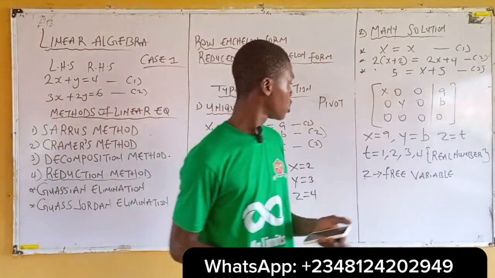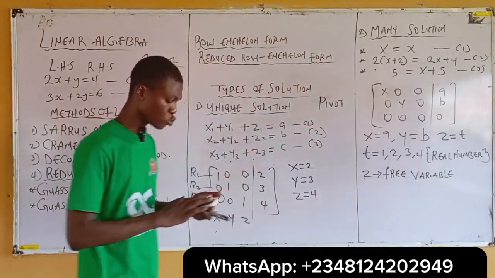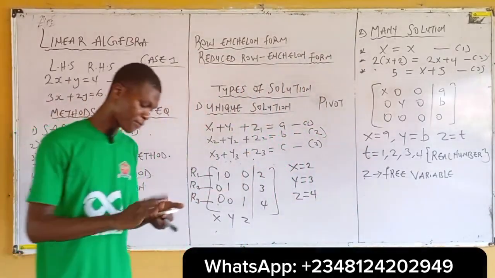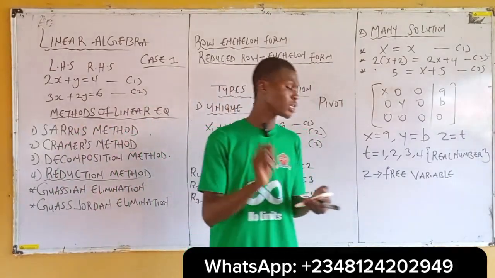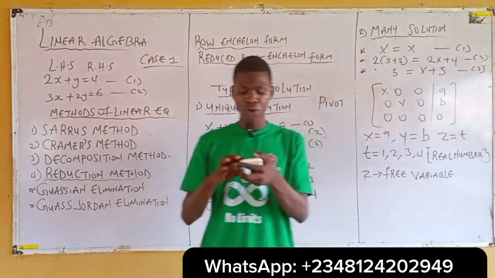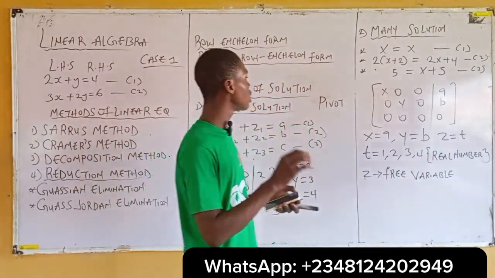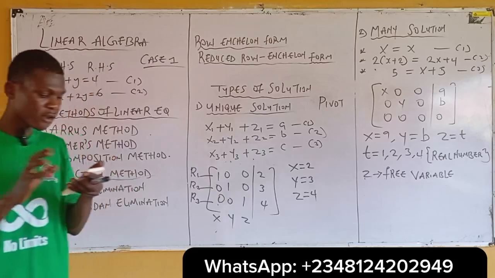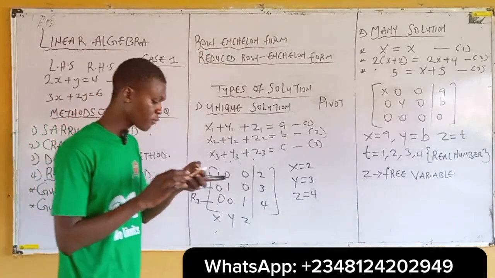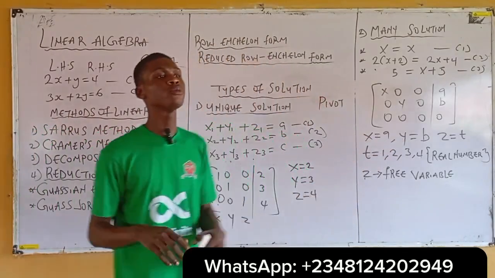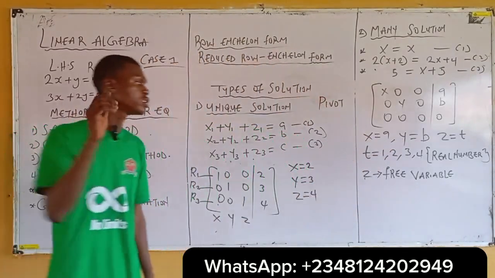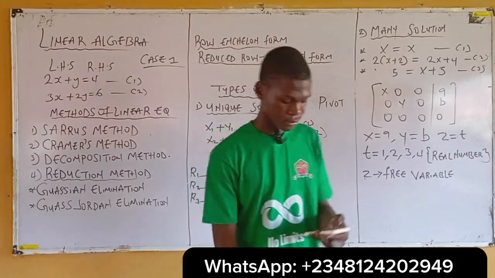So take note, under many solutions, number one, z is a free variable. And number two, a free variable occurs under a non-pivot column.